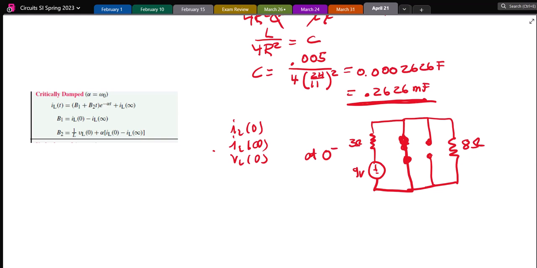For iL(0), notice the inductor shorts out that resistor. So V equals IR, 9 equals I times 3, I equals 3 amps. So that has to be iL(0 minus), which also has to be iL(0).